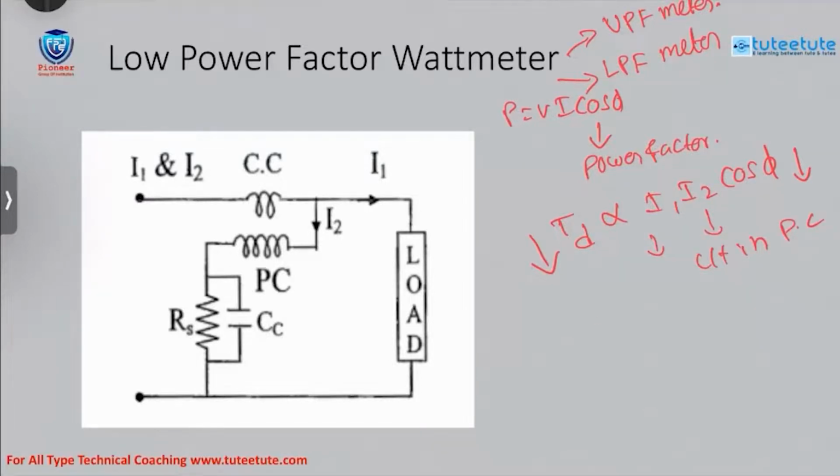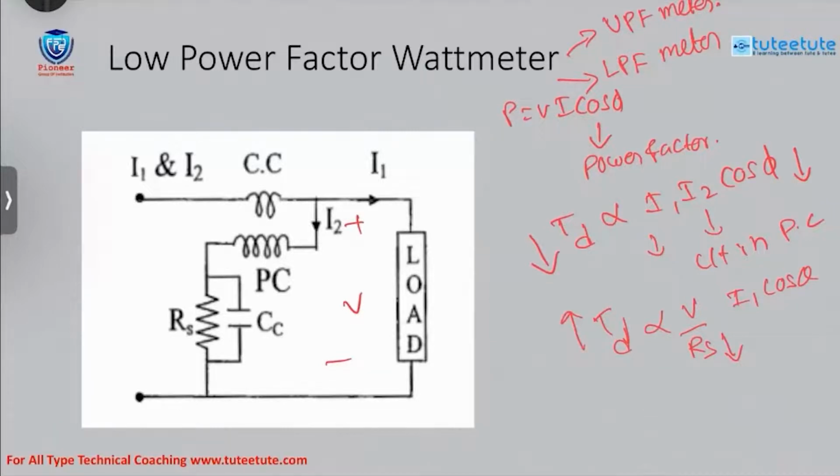This formula can be rewritten as TD is directly proportional to V by RS, I1 cos phi. This is the V. If you decrease the RS, then TD will increase.